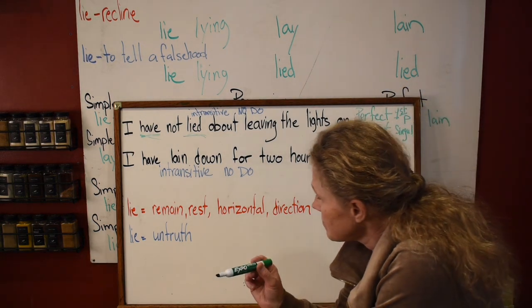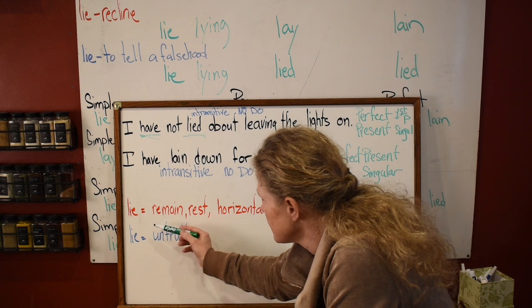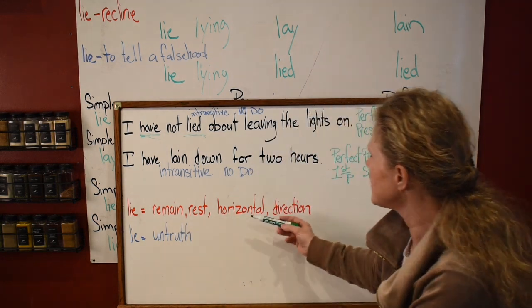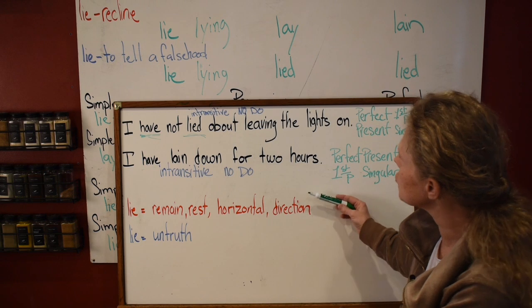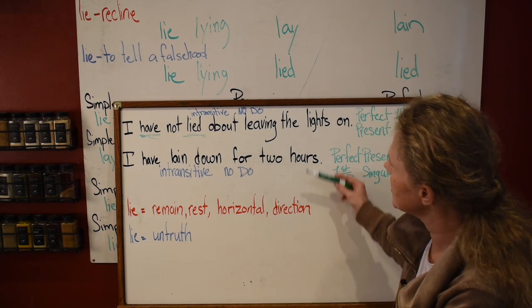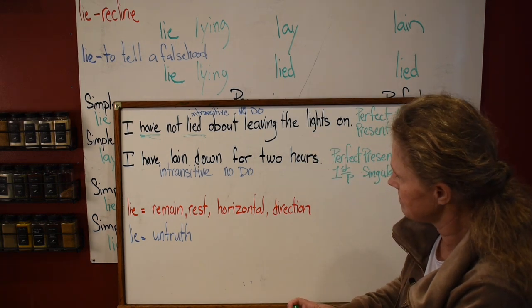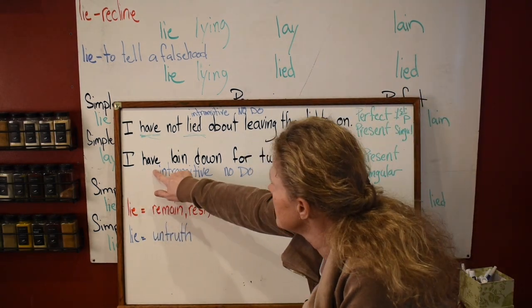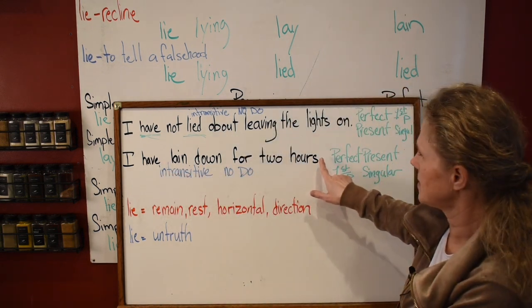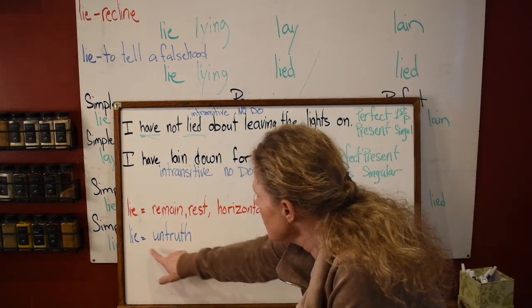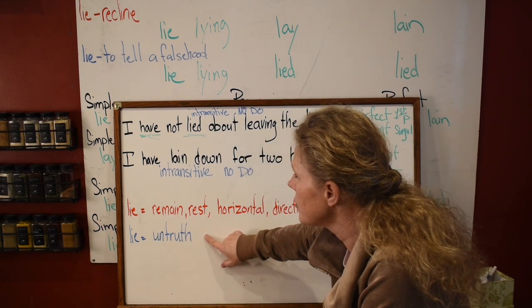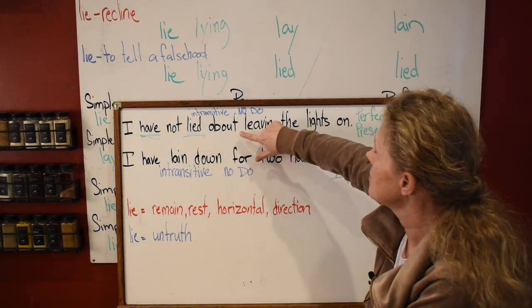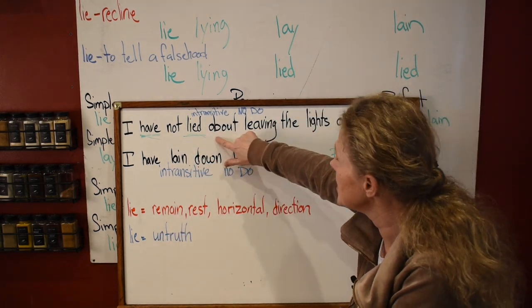Okay, now, lie means remain, rest, horizontal, it's a direction. Which one is that in those sentences? Second one. Yeah, it's this one. So this lie goes to this sentence. Lie, meaning an untruth. The first one. This lie, exactly, goes to this sentence.